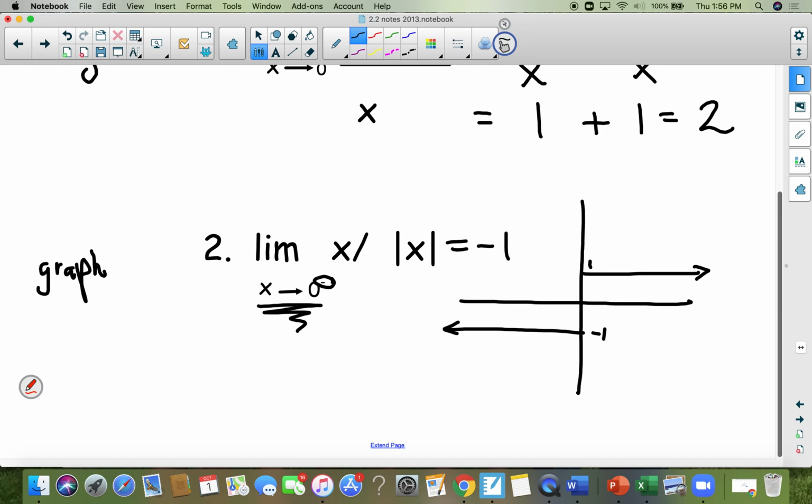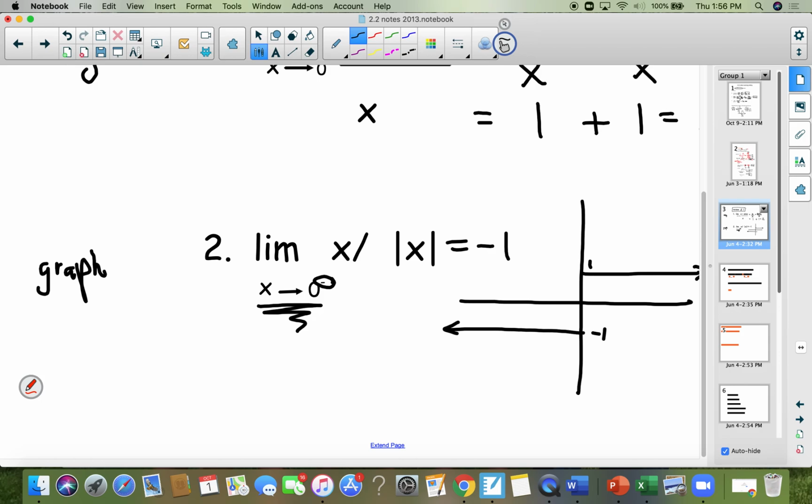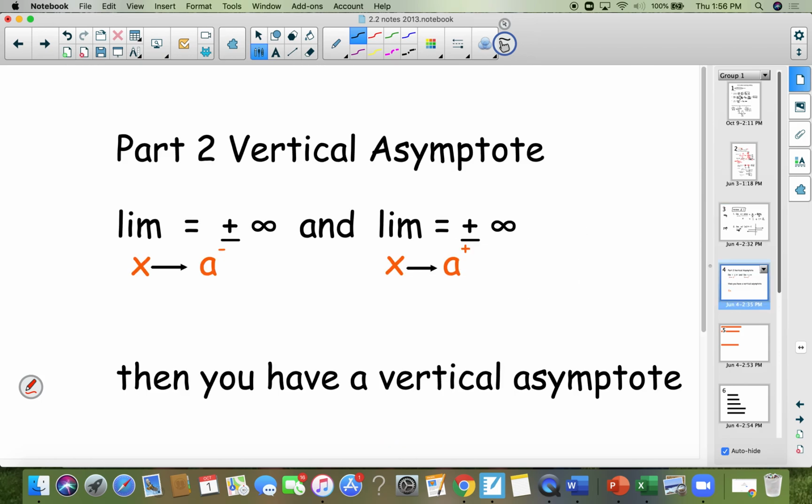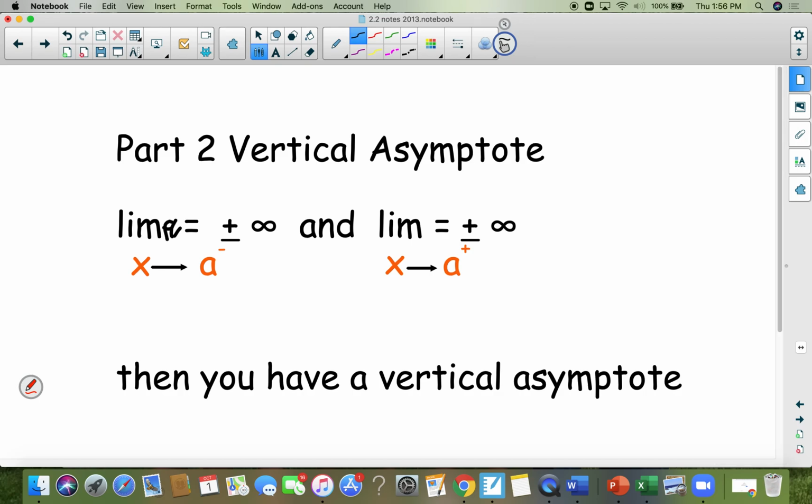Okay, moving on. What's a vertical asymptote now? A vertical asymptote is if the limit of f of x as x is approaching some number from the left or from the right doesn't equal a number, but it equals an infinity sign.